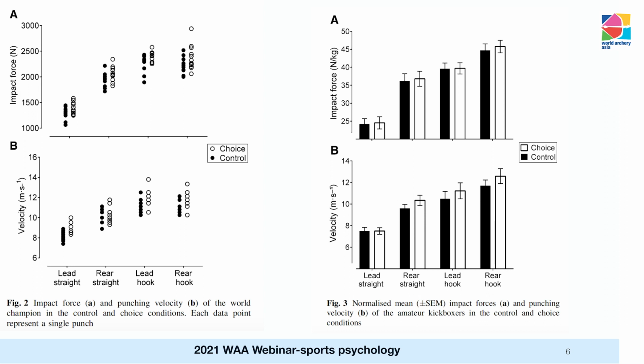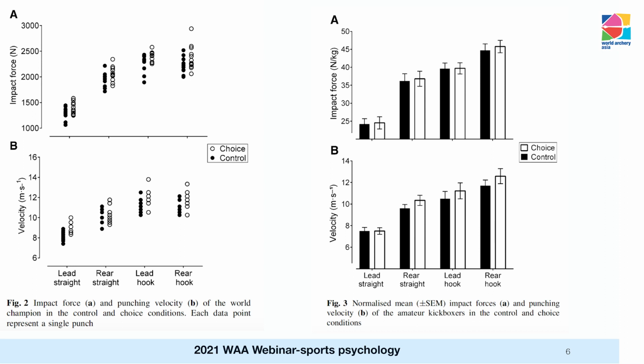And in terms of the velocity, it's the same story, meaning when the athletes can choose the order of the punches, even if it's just a minor change of the training, the force generated and also the velocity is much better than when he is asked to follow a fixed training program.